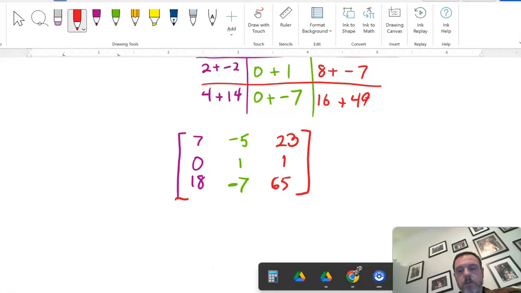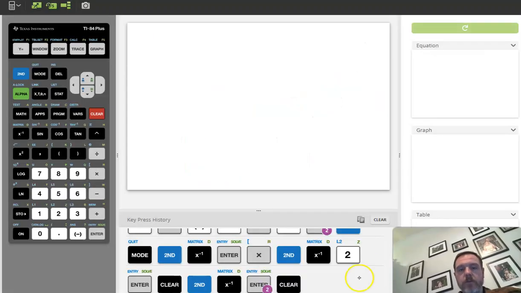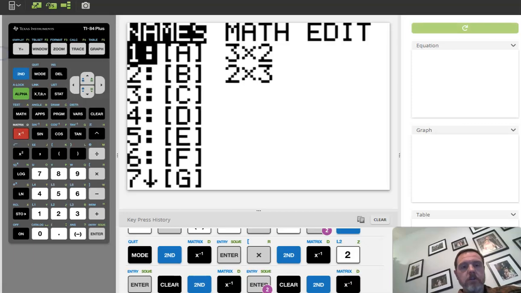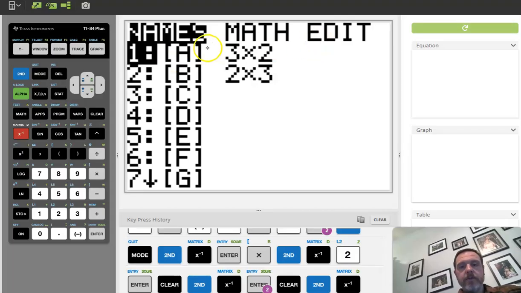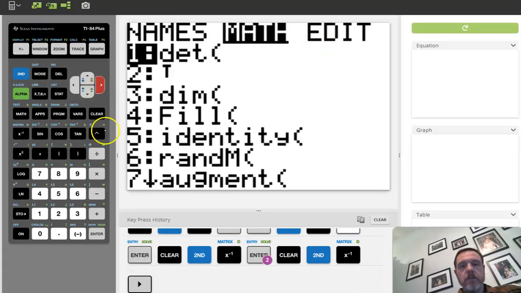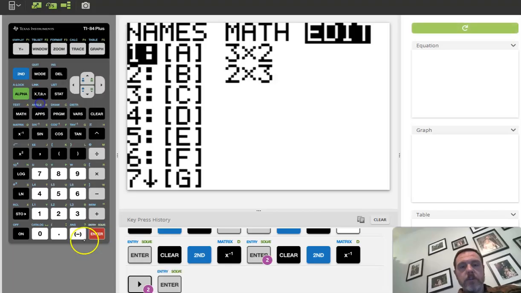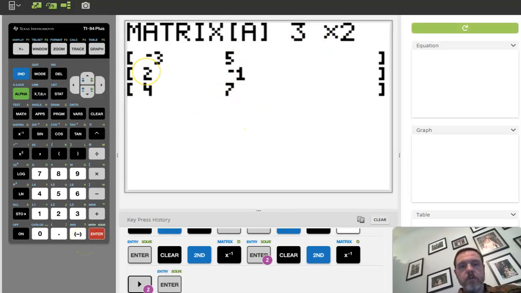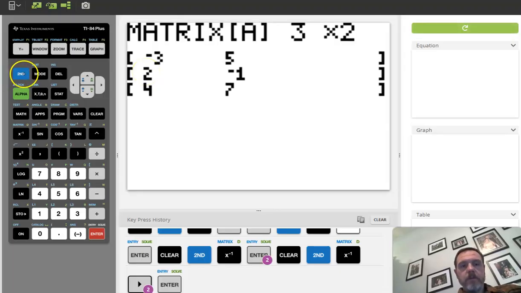I have entered those matrices into my calculator, and I'll show you that. Remember, you have to go over to edit to actually type the numbers in. I put in a 3 by 2 matrix A. There's my matrix A.